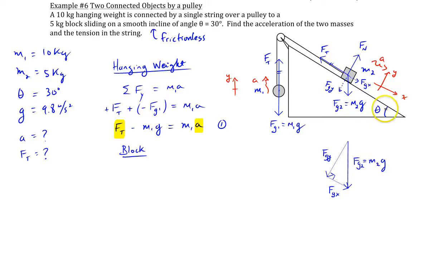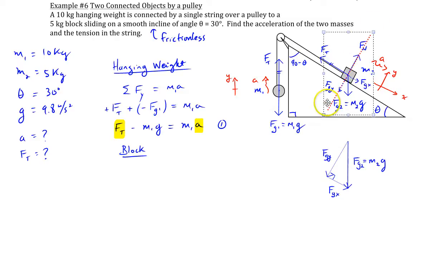Now, theta here is given as 30 degrees. This is a 90-degree angle. If this is 30 degrees, then up here this would be 60, or 90 minus theta. Because remember, all the angles in a triangle add up to 180.